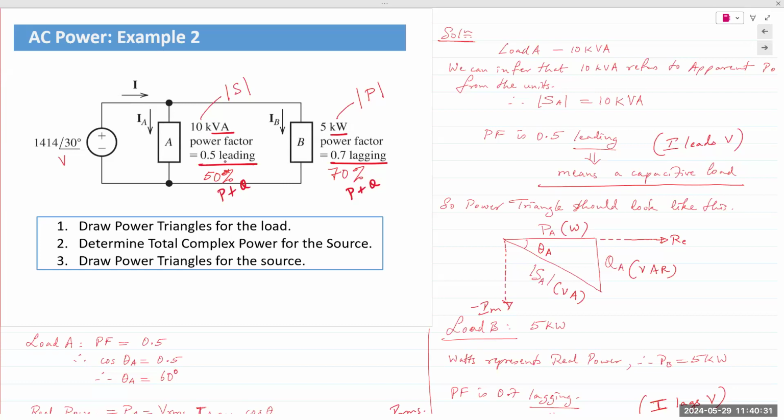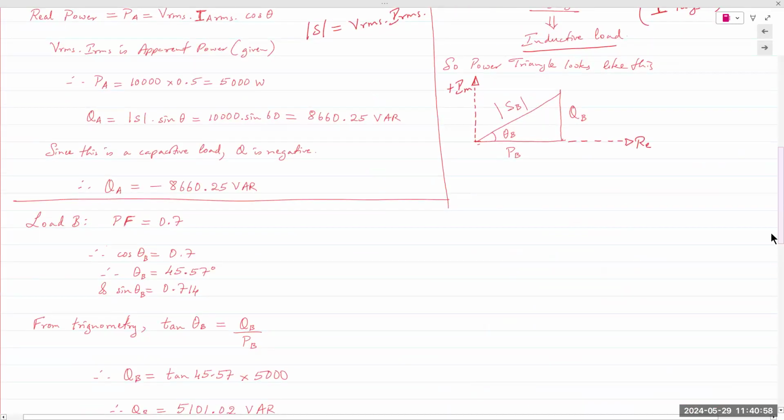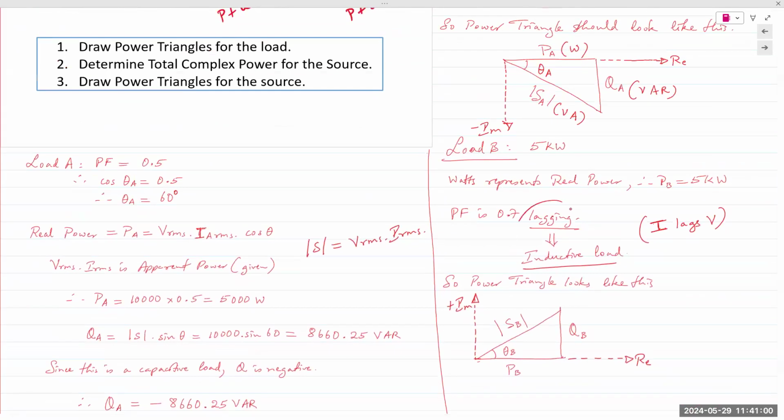When it says leading, current is leading in a capacitor, hence power factor is always leading. So when it's leading power factor, it always refers to a capacitor. When power factor is lagging, it always refers to an inductor. So if it's leading, it's a capacitive load. If it's lagging, then it's an inductive load.